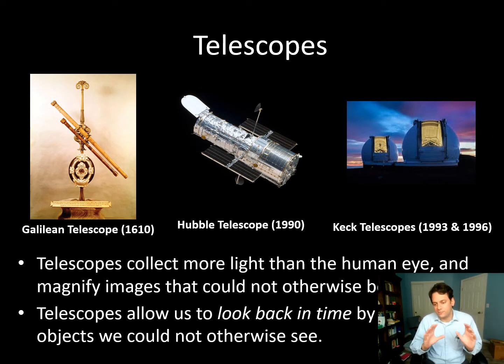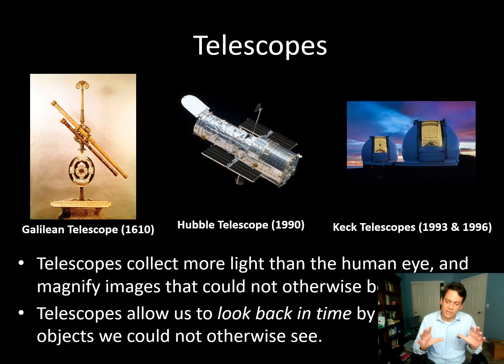So there are all sorts of different kinds of telescopes: ground-based scopes, space-based scopes, ones that look at light in the visible spectrum, some that use radio waves or X-rays, and we'll talk in some detail about that. But telescopes, even in Galileo's time, but certainly today, collect more light than the human eye, and in some cases a whole lot more.